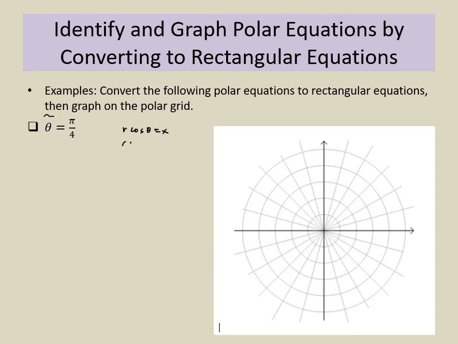We know that r sine theta is y, but we don't have any r's over here. We know that tangent of theta is equal to y over x. We also know that r squared equals x squared plus y squared. These are all the conversion equations that we have.